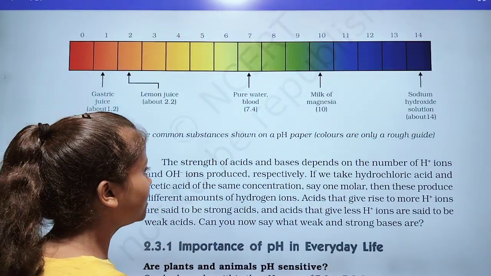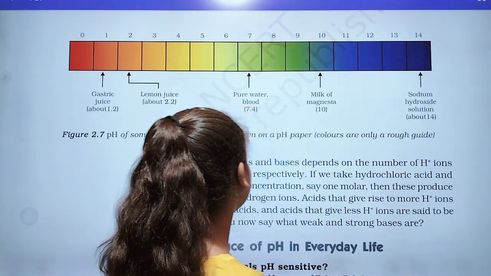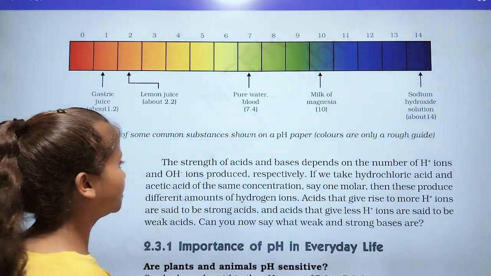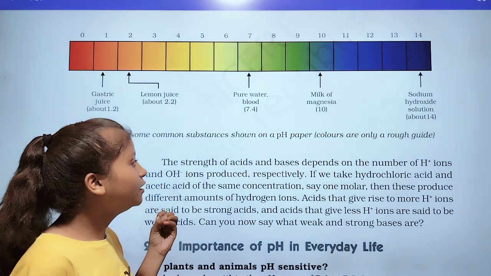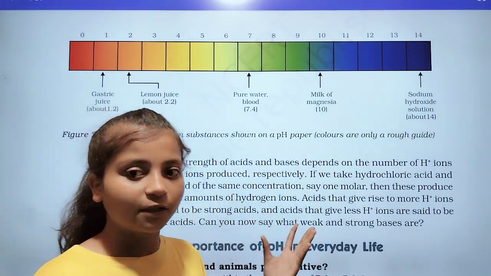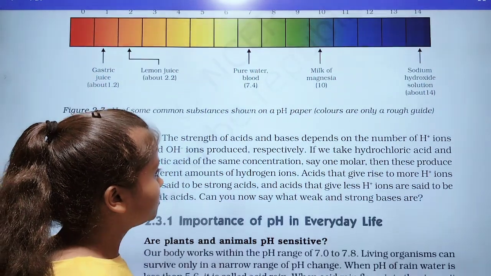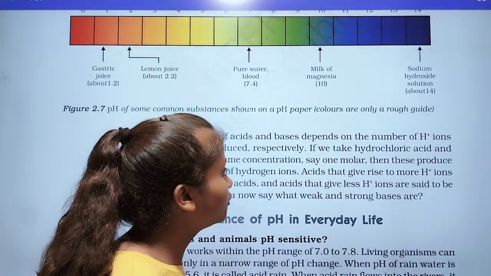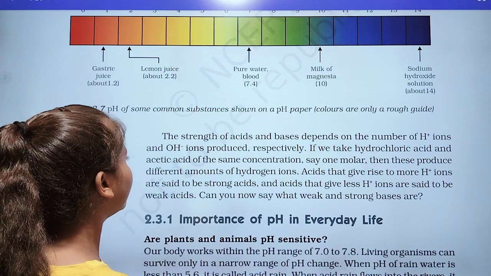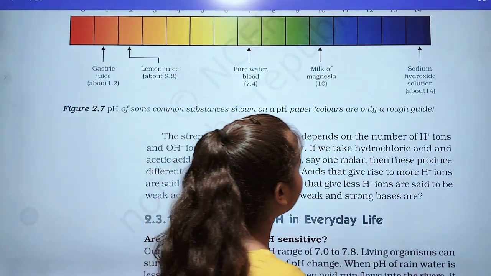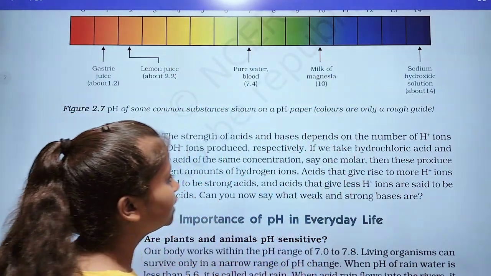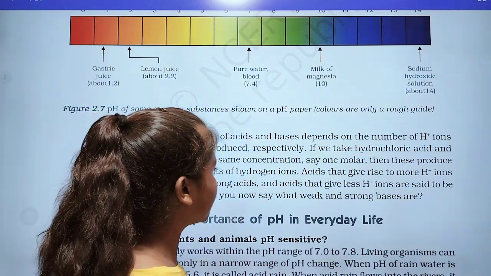The strength of an acid or base depends on the number of H plus ions or OH minus ions produced respectively. If we take hydrochloric acid and acetic acid of the same concentration, say 1 molar, then they produce different amounts of hydrogen ions.